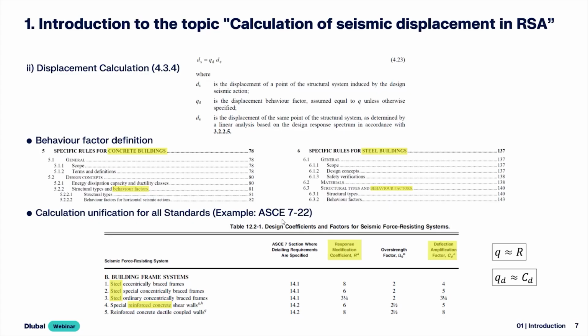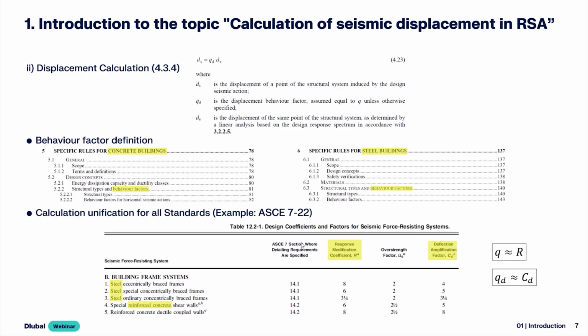Here I'm showing these two examples, but there are a lot of examples. Maybe if it is of your interest after this presentation, you can go through all the available norms and standards in our program and check out the definition for each of them. There are very different approaches in each country.